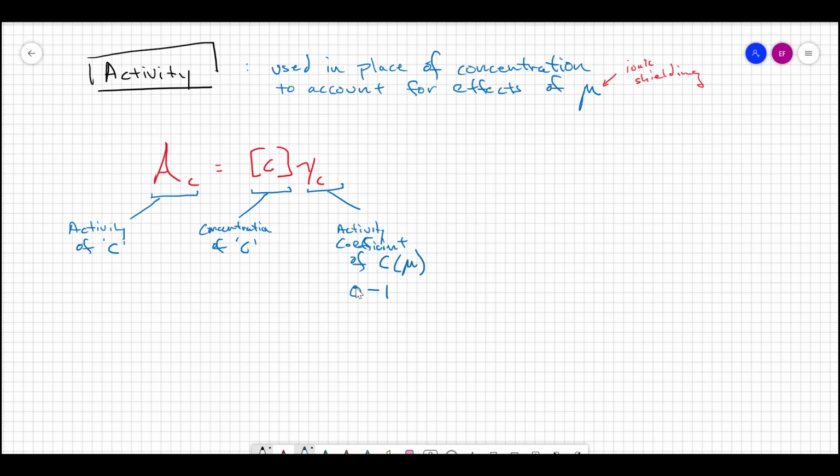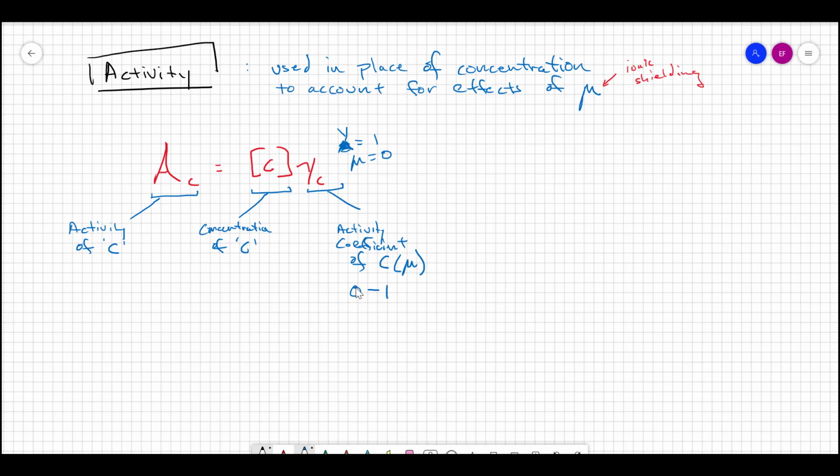If the activity coefficient is 1, as it approaches 1, then the activity and the concentration are identical, because gamma is 1. Under what conditions would that be true? Oops, I meant gamma equal to 1. If gamma is equal to 1, that implies that the ionic strength of the solution is 0. And that's really what you learned, right?